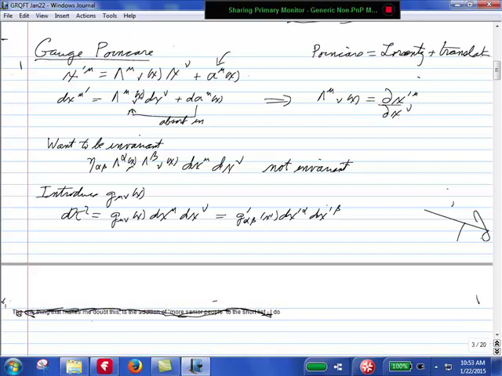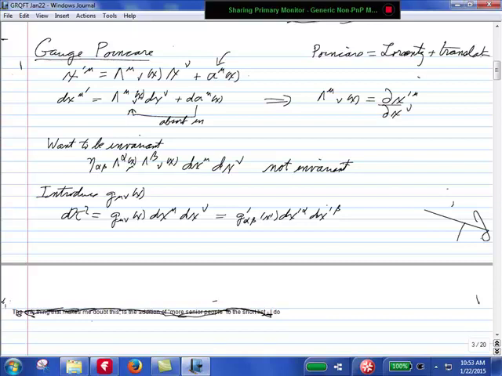We have the matter action being this integral d^4x square root of minus g, 1/2 g^mu nu d_mu phi d_nu phi minus m squared phi squared.